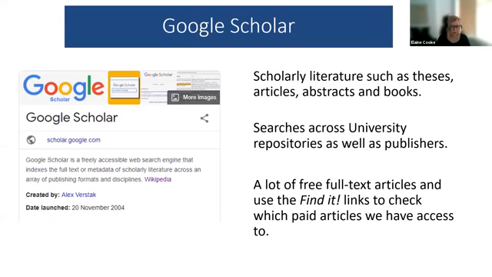It searches across university repositories, as well as publishers. There's a lot of free full text articles on there. Those that are behind paywalls, you'll see a Find It link that you can click on to check whether we've got a subscription to the paid articles.